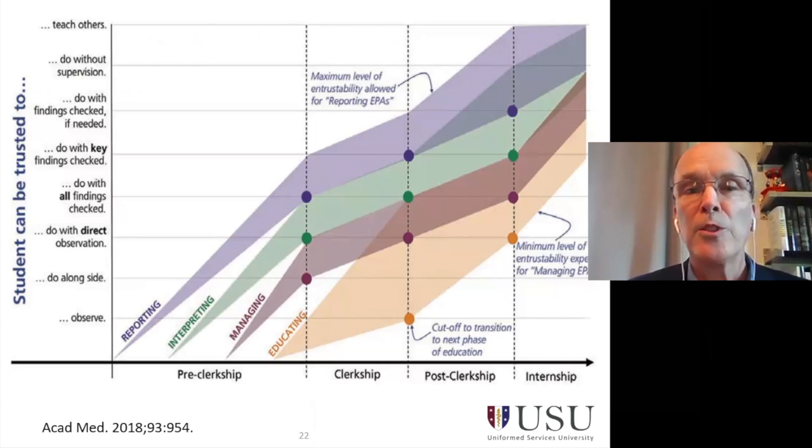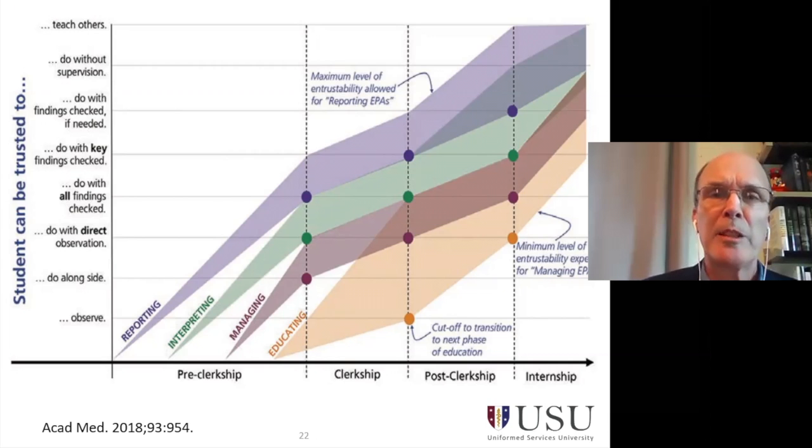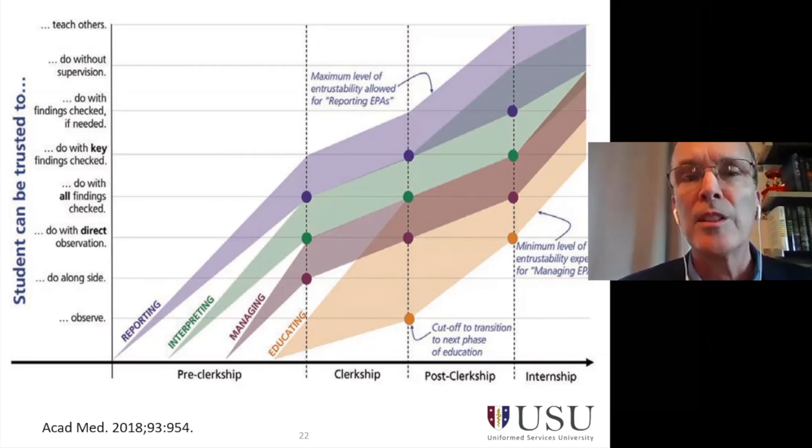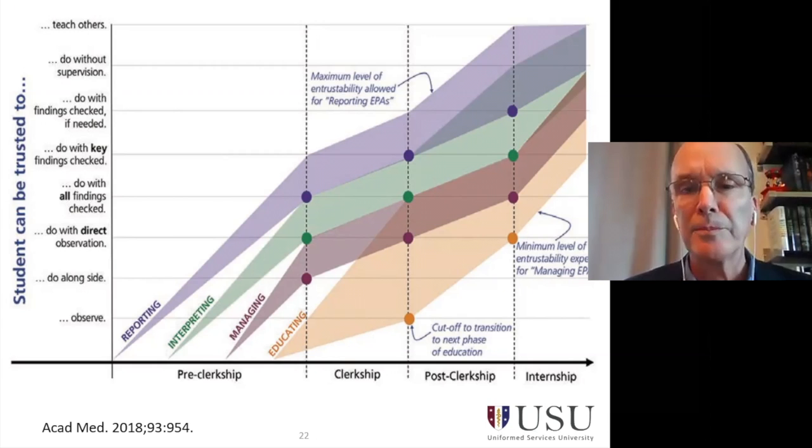And at different levels, you'll be able to trust what a student can do. So in other words, for a student to leave the pre-clerkship and begin the clerkship, they should be able to function at a fairly high level of a reporter when we're checking key findings. But in terms of managing, we'd probably expect that a student could do that alongside of us and not be able to do that independently.